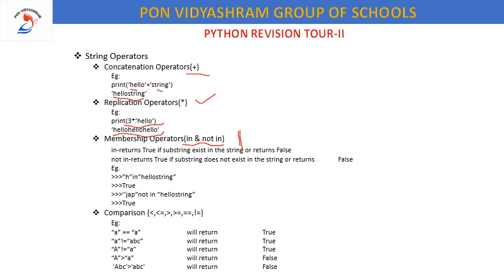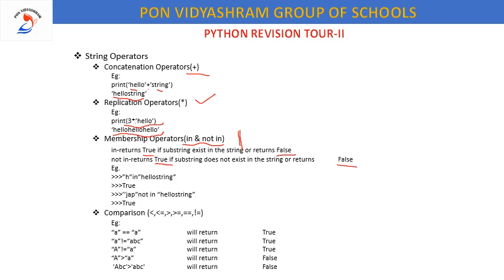So what does it return? If the substring exists in the string, it returns true, otherwise it returns false. The vice versa of in is the not in operator. If the substring is not available in the main string, it returns true, else it returns false. So these are the in and not in operators.